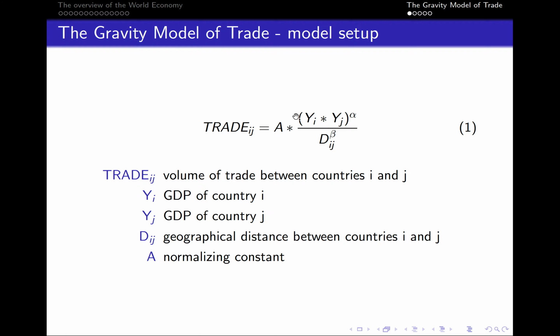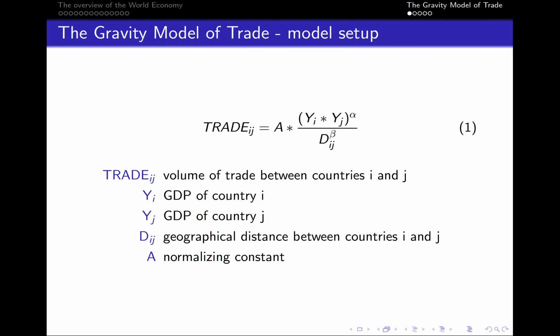And this entire product is taken to the power alpha, where we assume alpha to be a positive number, which, as you will see, always happens in practice. Similarly, in the denominator of this fraction, we've got the geographical distance between the two countries taken to the power of beta, where beta is also assumed to be positive.